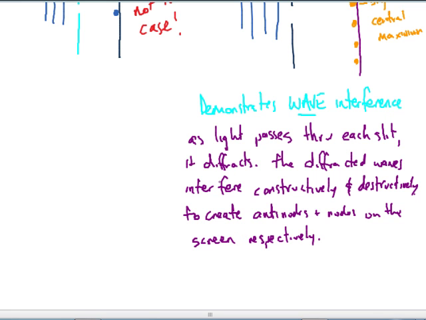Okay, so the antinodes are your bright spots. I know it's got the word anti in it, and that makes you think of something destructive, but it's actually the other way around.